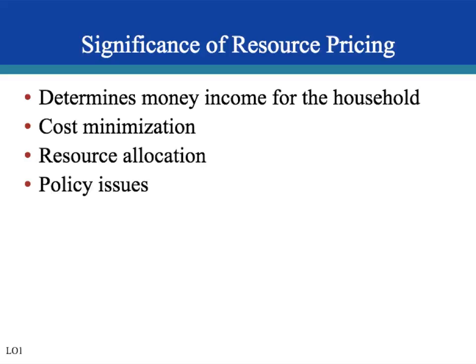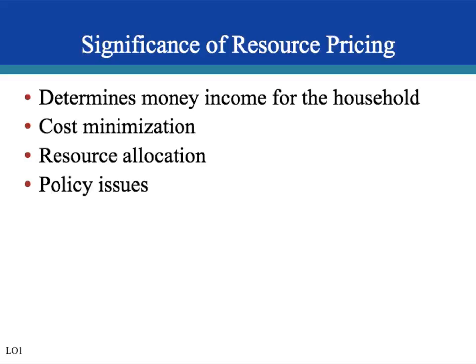Firms' goal is to maximize profit, so they produce the profit maximizing output with the least costly combination of resources. Resource prices play a big role in determining how much land, labor, capital, and entrepreneurial ability a firm will purchase in order to produce their outputs.